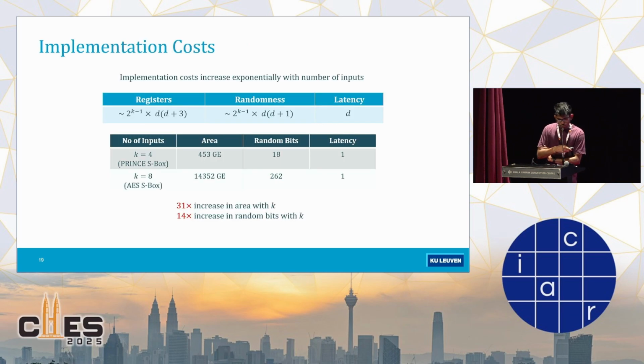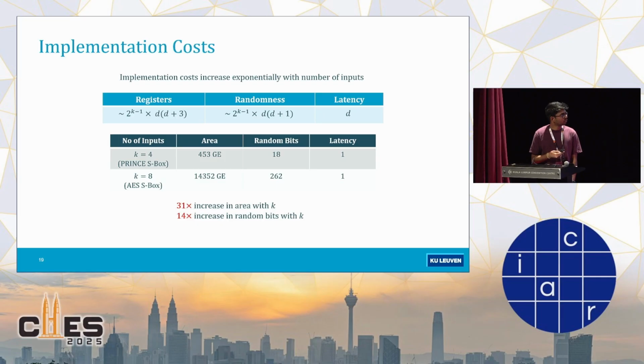The next contribution of this paper comes from an idea from the previous paper. I have 2 S-boxes here, PRINCE and AES. One has 4 inputs, the other has 8 inputs. And if you notice, going from 4 to 8, the area and randomness increase a lot, around 14 to 30 times.